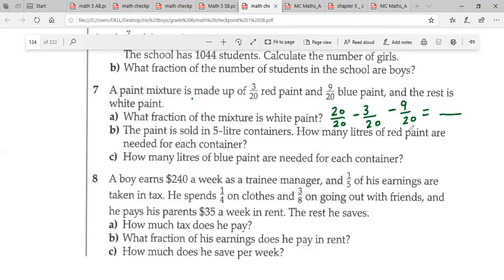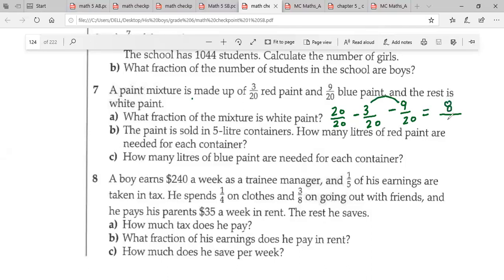20 minus 3 is 17, minus 9. Or you can add 3 plus 9, which is 12, then 20 minus 12, for example. 20 minus 12 is 8.